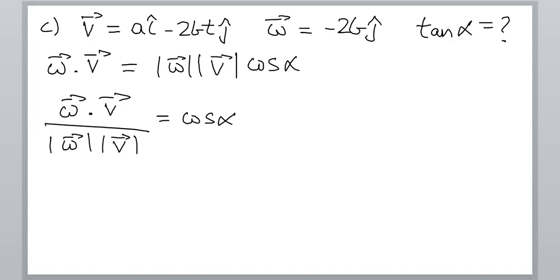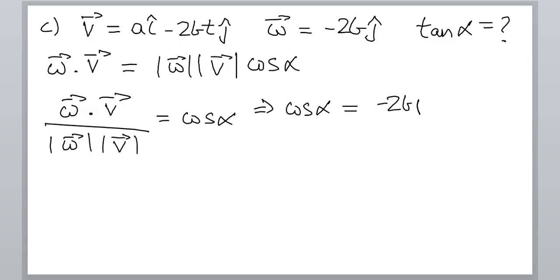This implies that cosine of alpha is equal to w dot v over the moduli. Now let's substitute the values. Sorry, I've written v vector before. Okay, it doesn't matter; whether you take w dot v or v dot w, it's not going to change anything. But let me just correct this. Cos alpha is equal to w dot v.